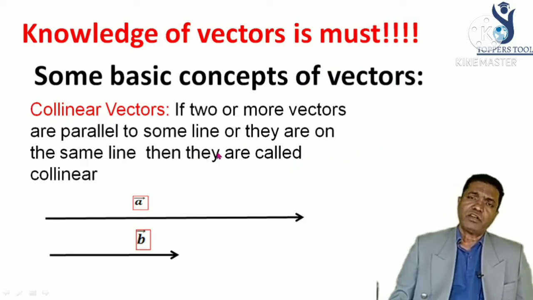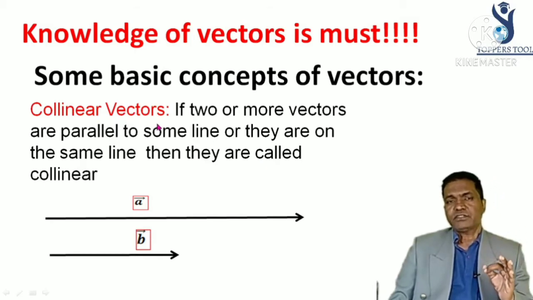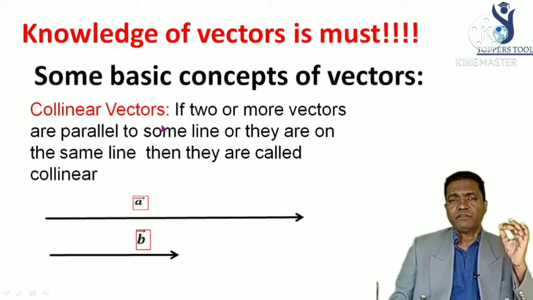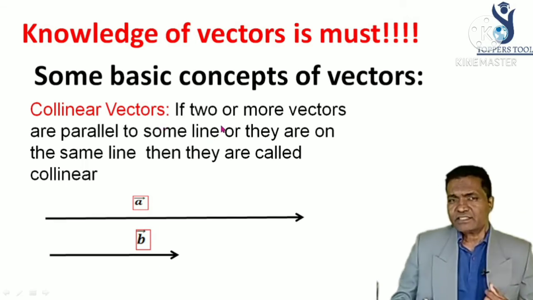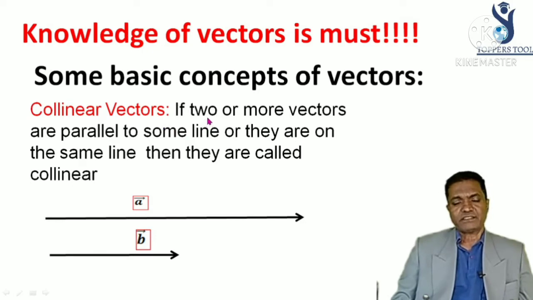First of all, you must know what collinear vectors are. If you know this, you can prove 2 important theorems from the point of view of examination very easily. So let's understand once again what collinear vectors are.